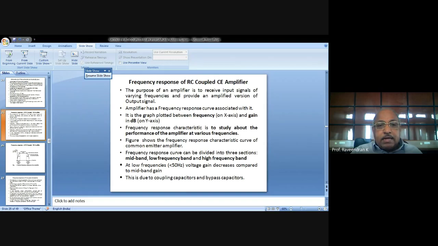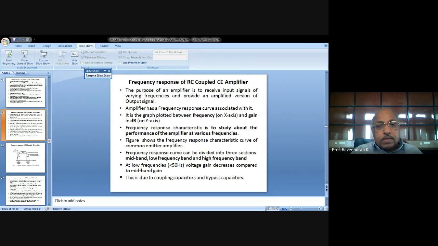What is the midband gain? Midband gain is AV. And this AV is reduced to 0.707 AV here. Similarly, 0.707 AV here. Then this F1 is called the lower cutoff frequency and F2 is called the upper cutoff frequency.